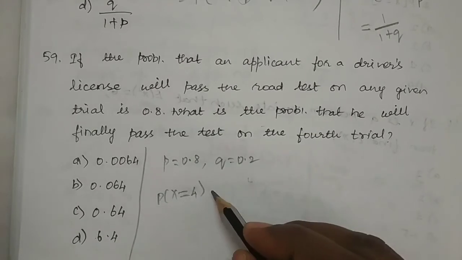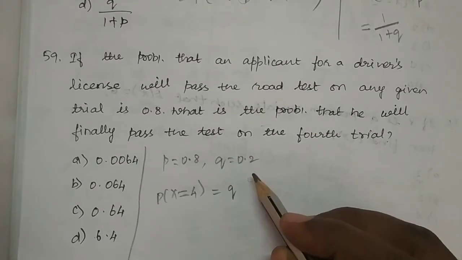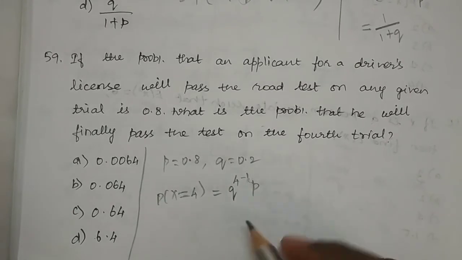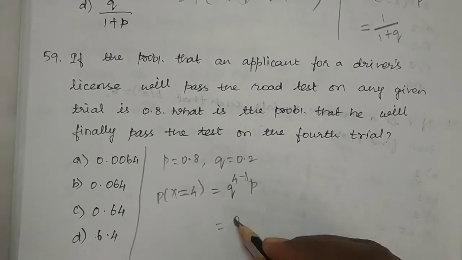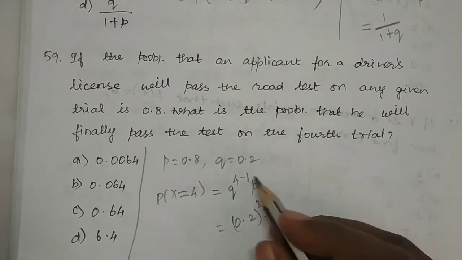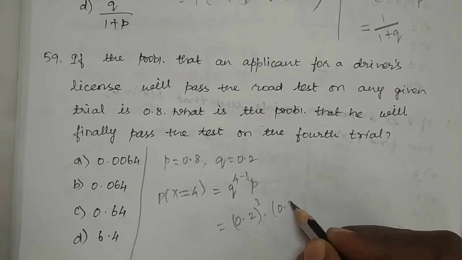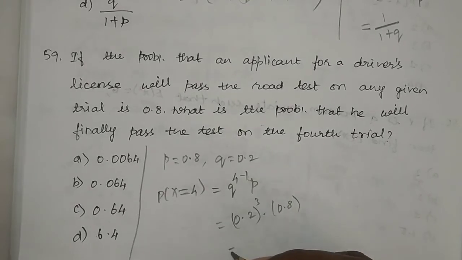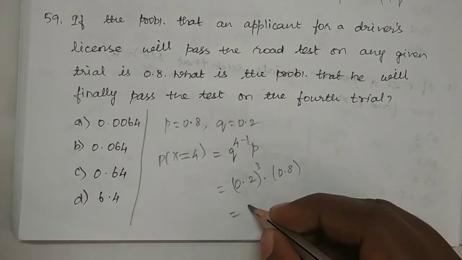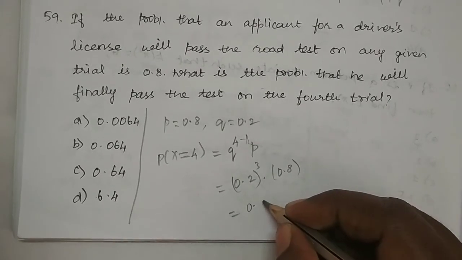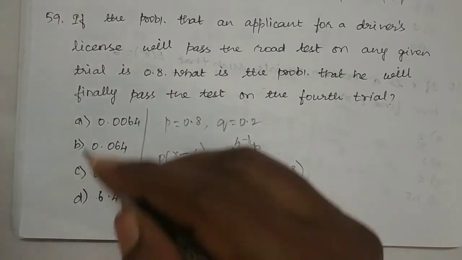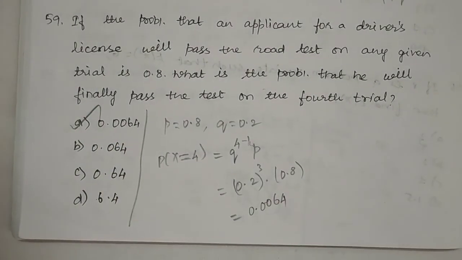So P of x equal to 4, q power x minus 1, so 4 minus 1, into p. Q value is 0.2 power 3 into p value is 0.8. Use the calculator to find out this value. I am writing the answer directly. It is 0.064. So the option here is option A.